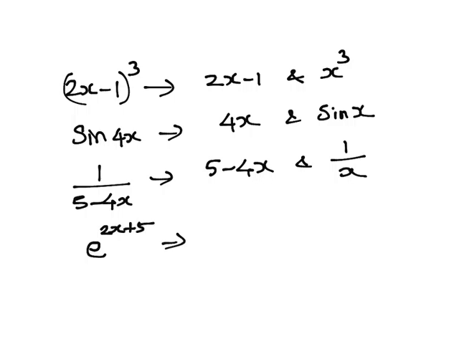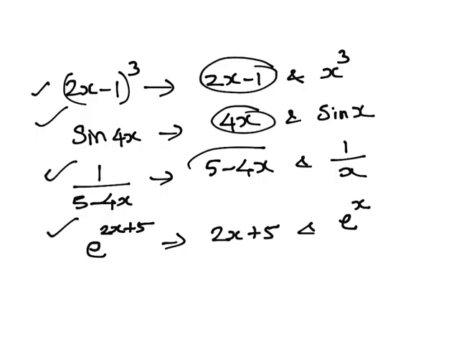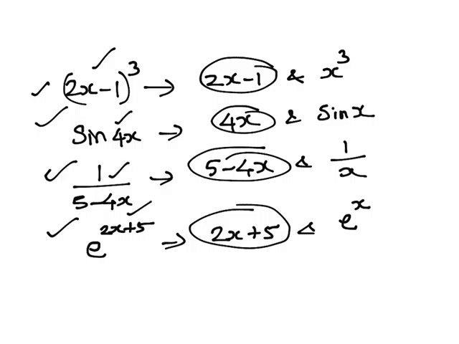This is a combination of a linear function, which is 2x plus 5, and the exponential function e power x. So in all these four functions, one common aspect is the linear function. In this video, we're going to learn how to find the integrals if these are the integrands. So let us see.